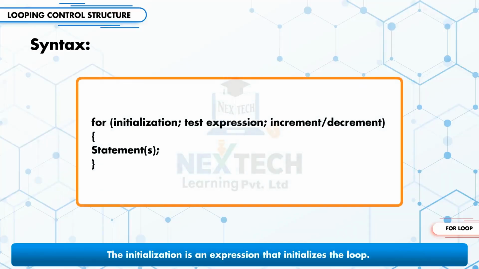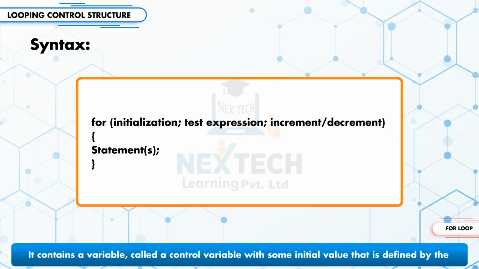For loop. The for loop repeats a statement or block of statements some definite number of times until a condition is matched. Syntax. The initialization is an expression that initializes the loop. It contains a variable called a control variable with some initial value that is defined by the programmer. It is executed only once at the beginning when the loop begins.